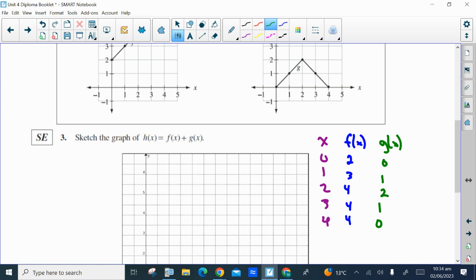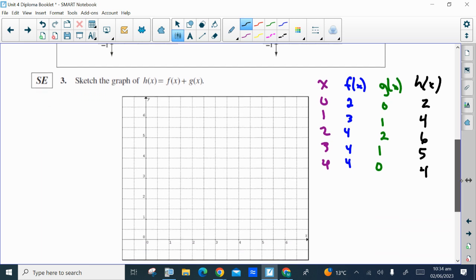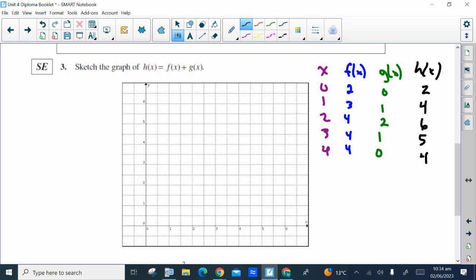In this case, h is the sum of the two functions. So we would add the y values together. 2 plus 0, 3 plus 1, 4 plus 2, 4 plus 1, and 4 plus 0. These give us the points on h using those same values for x. We will go from 0, 2 to 1, 4.